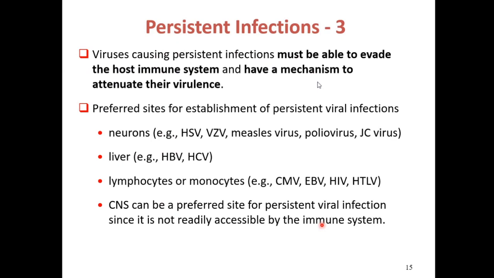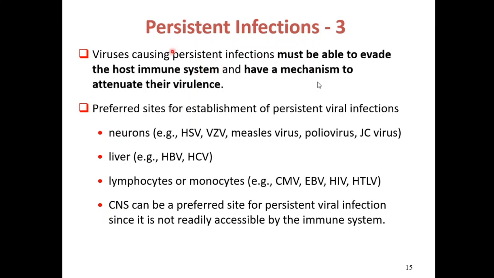So some viruses causing persistent infection must be able to evade the host immune response and have a mechanism to attenuate their virulence. Why? Because without a way of evading the host immune system, the viruses would be cleared out quickly.